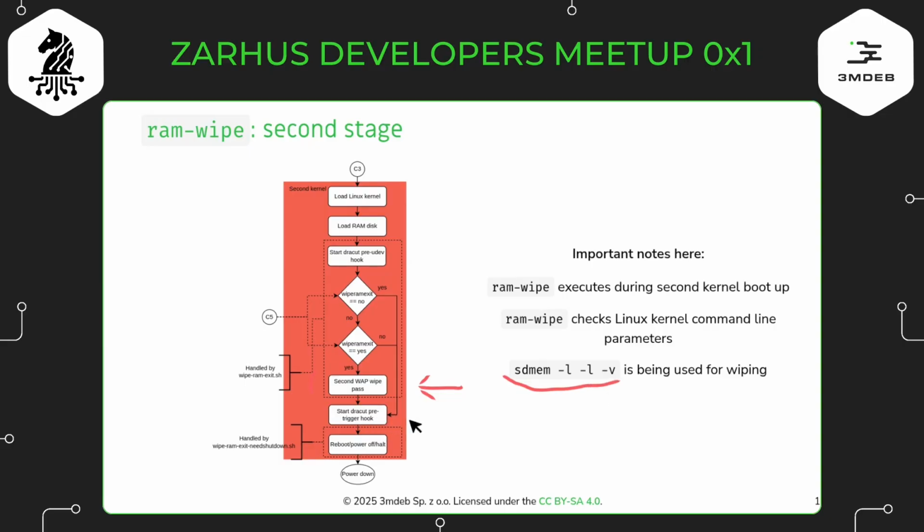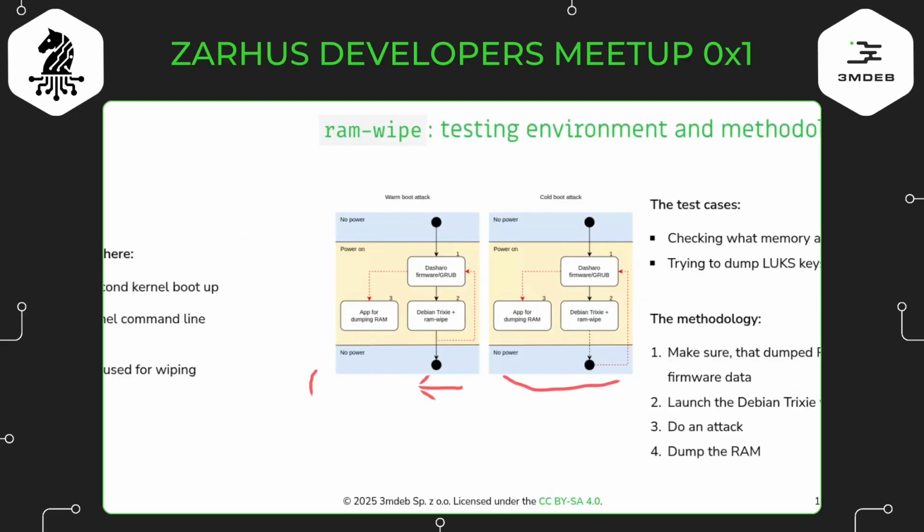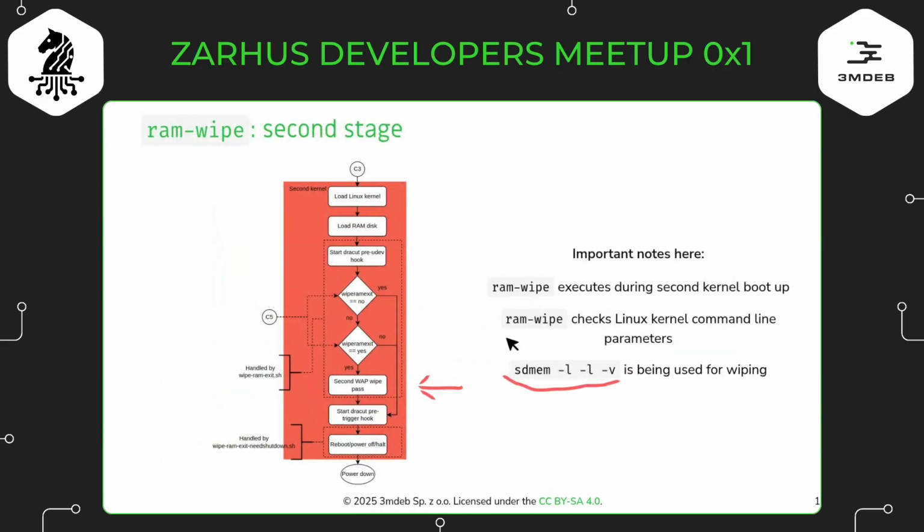And after that it just shuts down or reboots or whatever process you chose before in rootfs, for example, powering off the system. That is the entire RAM wipe. Only two stages, the same command and the same tools, just executed several times.